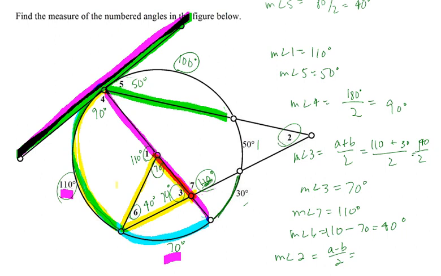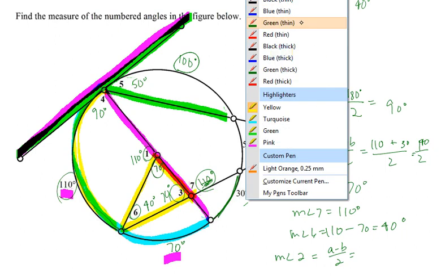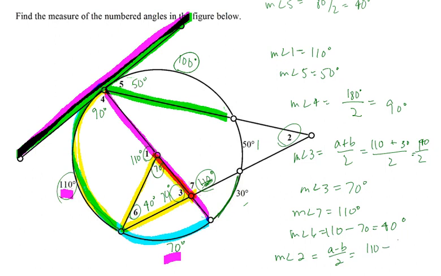Okay. 110 degrees, we've decided. And let's see, the smaller arc, we'll continue with yellow, that is being intercepted, is 50 degrees. And divide that by 2. That gives us 30 degrees.